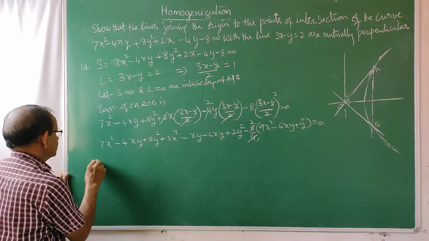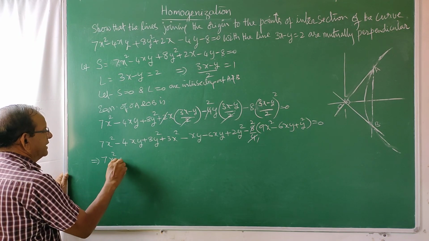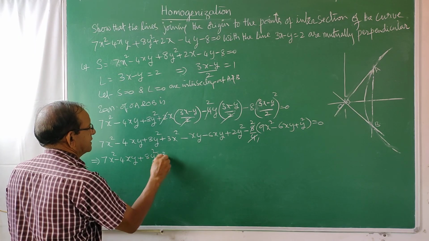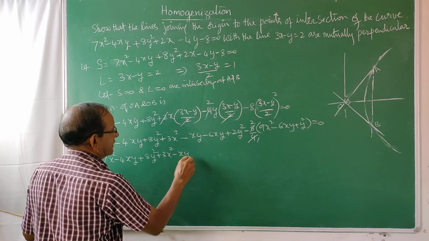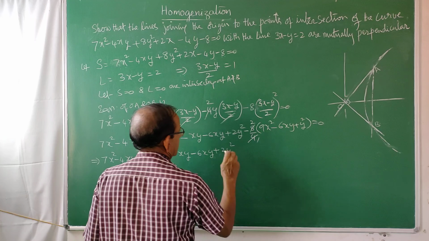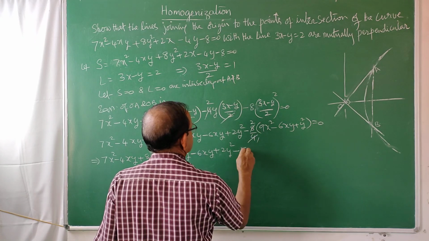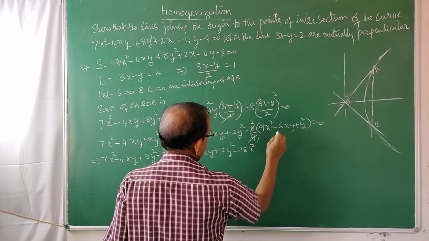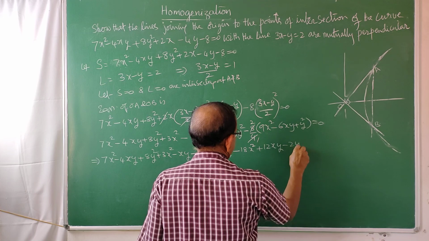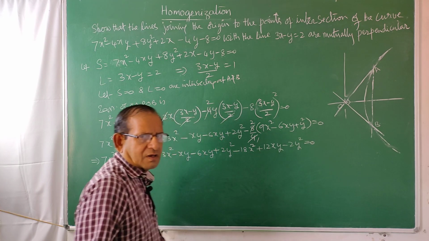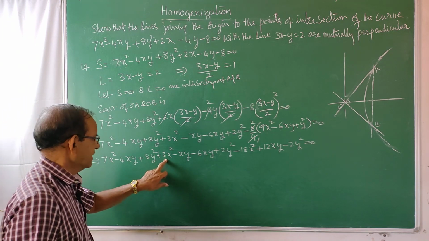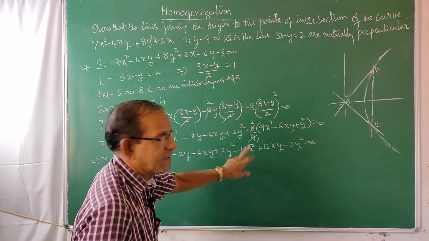Now the final equation, that is 7x square minus 4xy plus 8y square plus 3x square minus xy minus 6xy plus 2y square minus 2 into 9x square, minus 18x square, minus 2 into minus 6xy, plus 12xy, minus 2y square equal to 0. Now let us simplify this one. 7x square plus 3x square, 10x square, minus 18x square, that is minus 8x square.